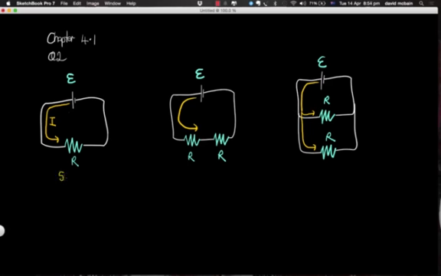So this is a series circuit. Well, it has to be because it's only got one resistor. This one is a series circuit because the 2 resistors are one after the other in the same branch. There are no separate branches, it's one single circuit. So this is also a series circuit. On the other hand, this circuit contains a branch, and the 2 resistors are on different branches. This is a parallel circuit.